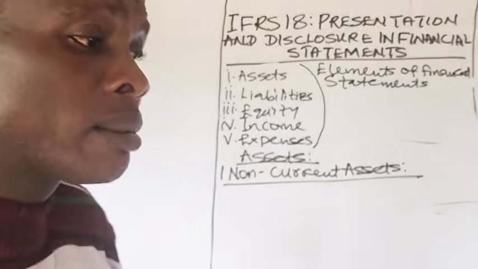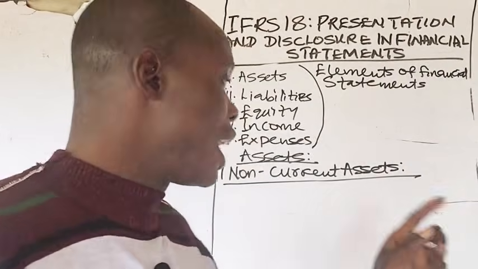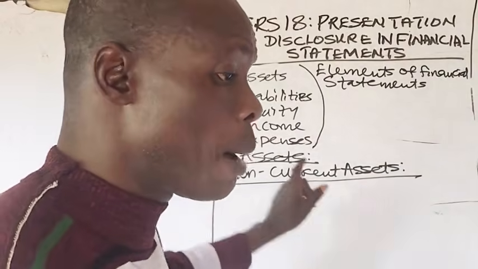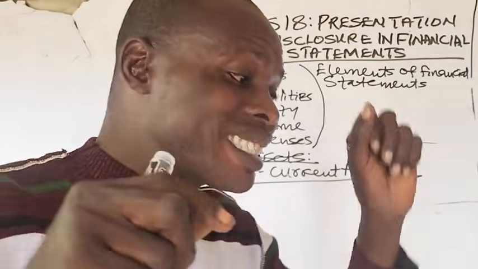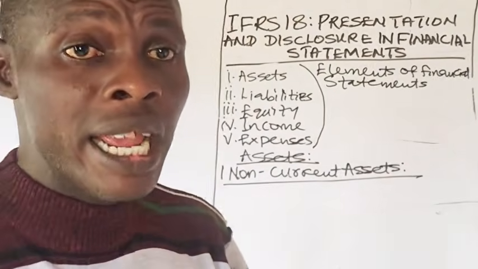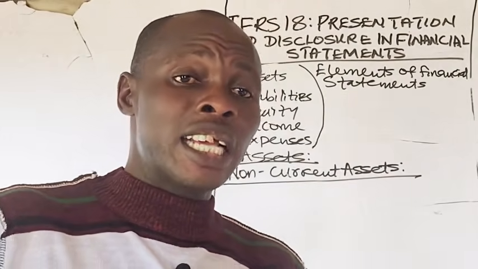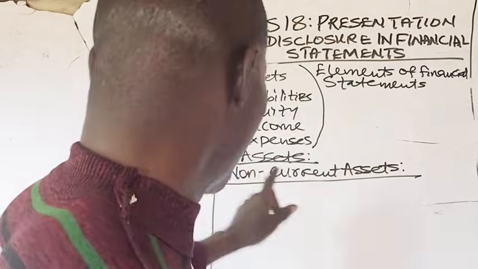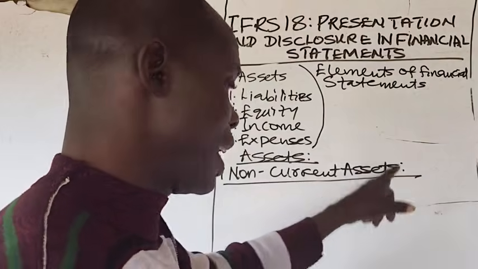Non-current assets are the assets with the following features. Number one, they are expected to be used for more than 1 year. Any asset that is expected to be used for more than 1 year is said to be a non-current asset.